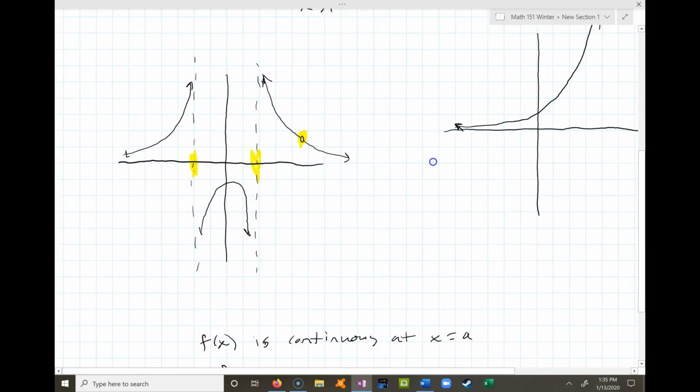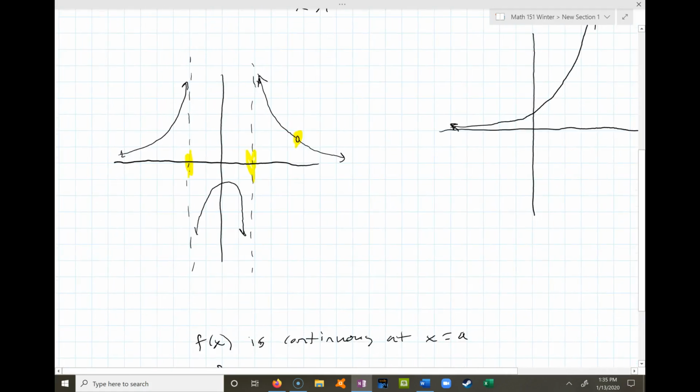Go down to this one. I notice there are 3 troubled areas. So I'm going to check at x equals -2, x equals 2, and x equals 5. When I go to check, does f of -2 exist? The answer is no. Does not exist. That's why there's a discontinuity there.